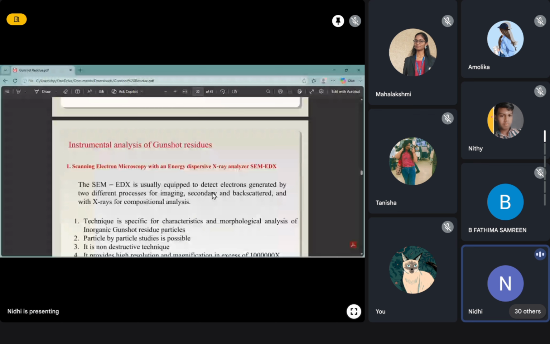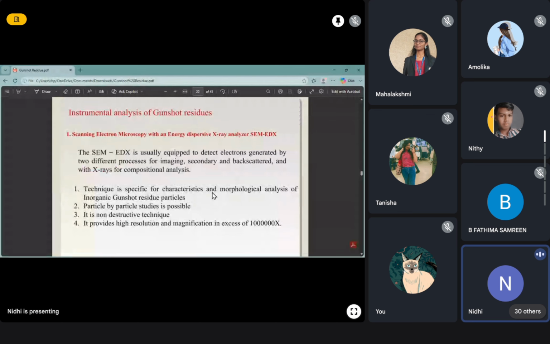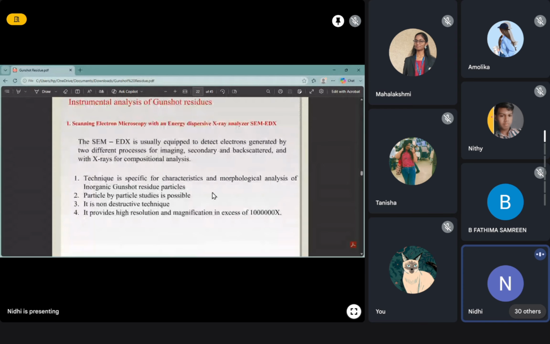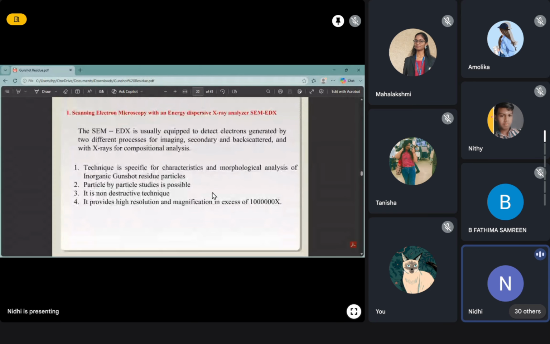Then comes instrumental analysis of gunshot residue, which is by scanning electron microscopy with an energy dispersive X-ray analyzer, or SEM-EDX. SEM-EDX I have never seen, but SEM-EDXRF I have seen. EDXRF is present in all NFSUs, and our seniors did perform their dissertation on EDXRF, and there were several gunshot residue samples which didn't give their elemental composition.